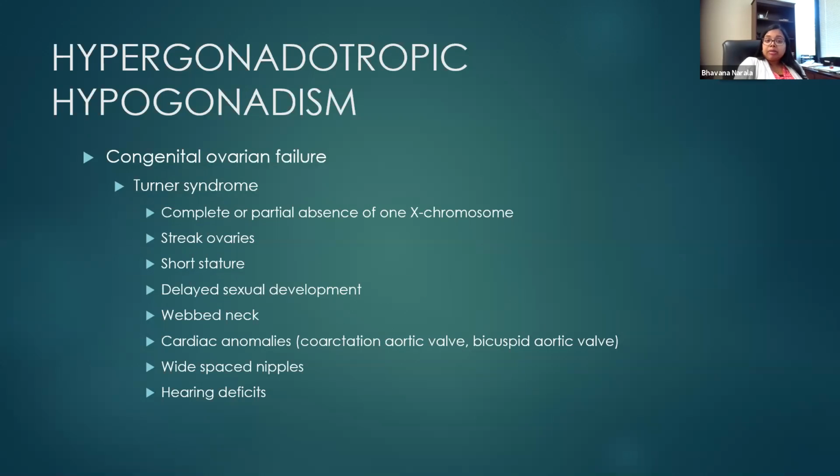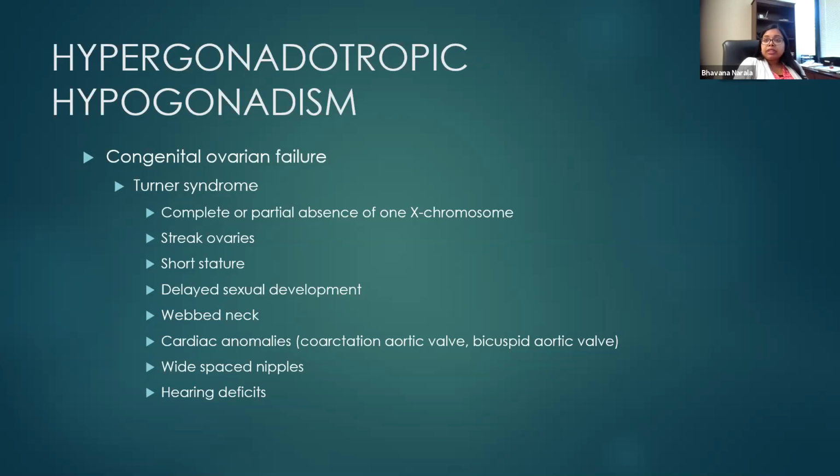The only thing that they may present with sometimes is short stature, and that's how they come to attention. But they definitely have premature ovarian failure. They could also have webbed neck, cardiac anomalies, coarctation, bicuspid aortic valve. They may also have widely spaced nipples, a wide carrying angle, hearing deficits.